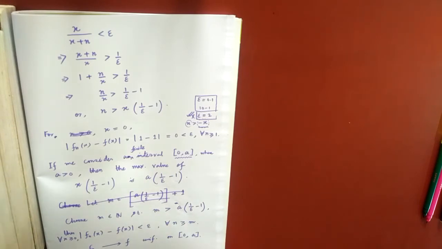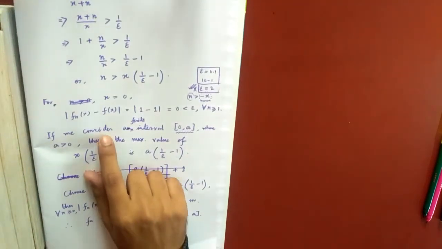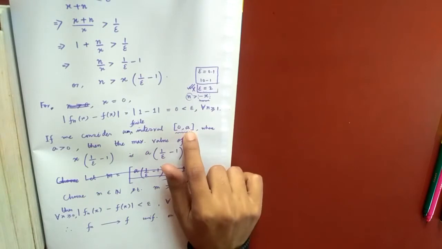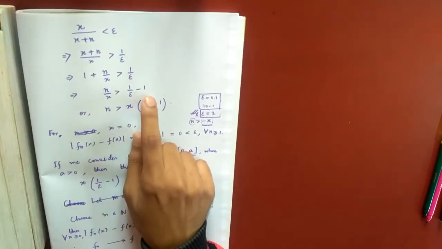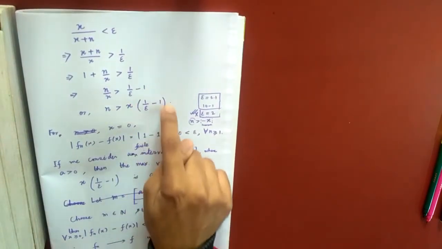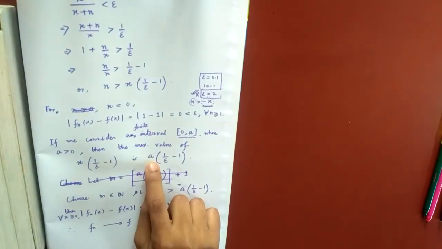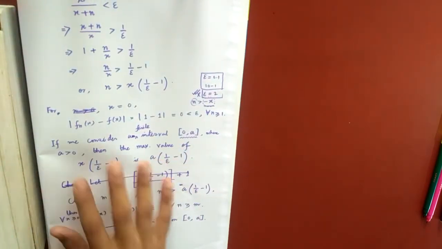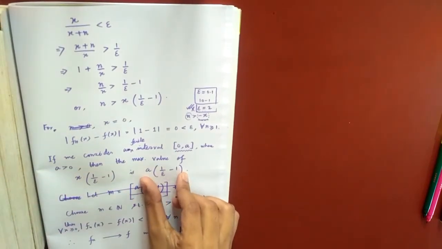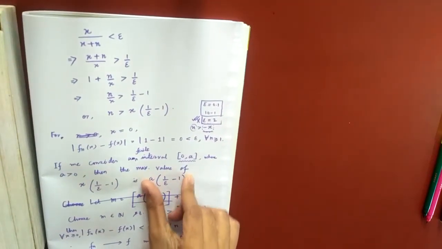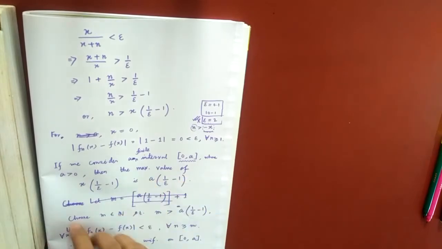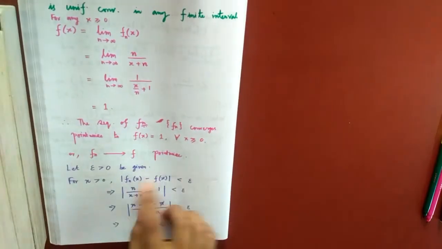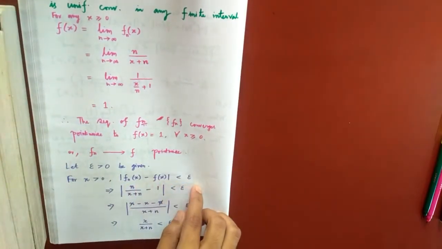However, if I consider a finite interval of this form, the maximum value that this quantity can take is this, a times this. Now, any natural number which is more than this will satisfy it.